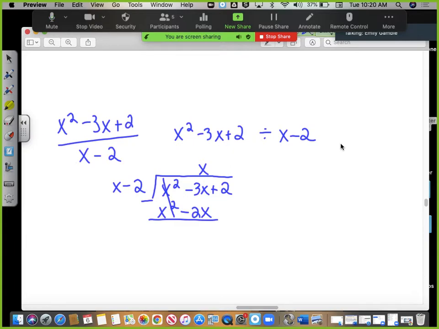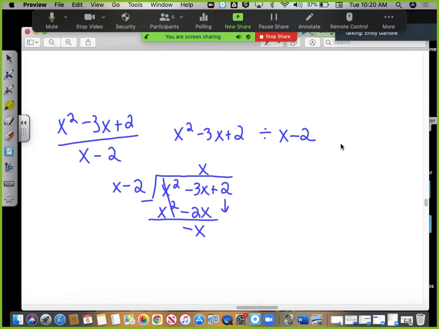Negative 3x minus negative 2x will end up being negative 3x plus 2x, which is negative 1x. I know this is confusing. Just bear with me. Now, once we have the negative x, we're also going to have this plus 2 here. It's up to you if you bring it down now or if you deal with it later.